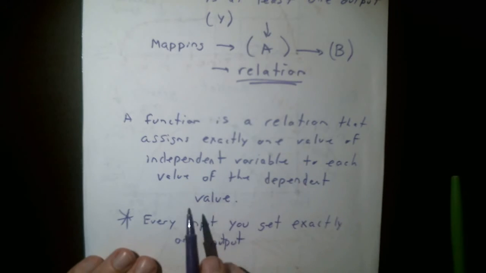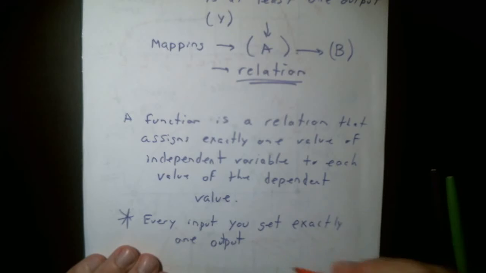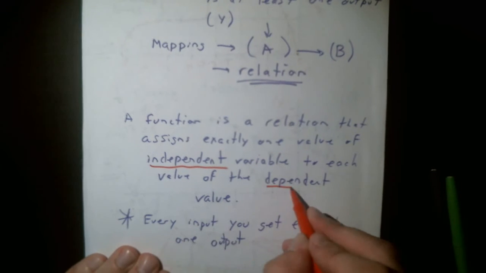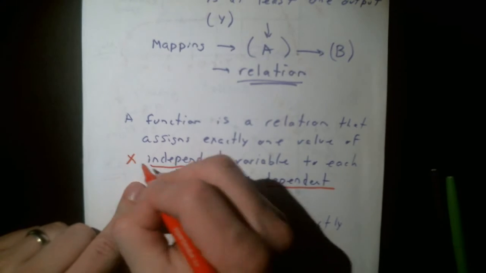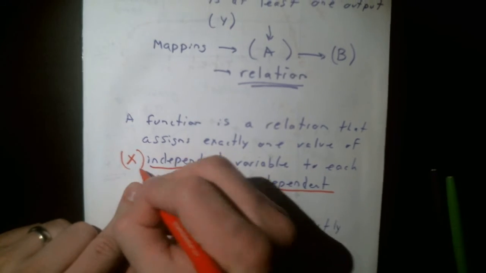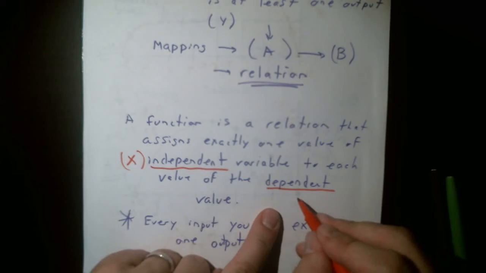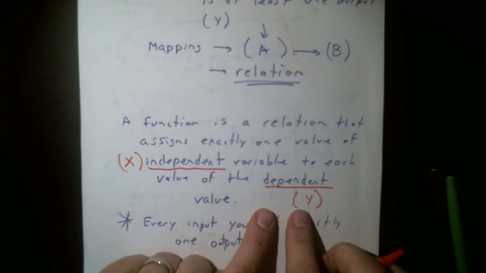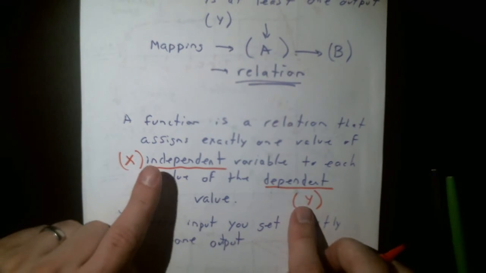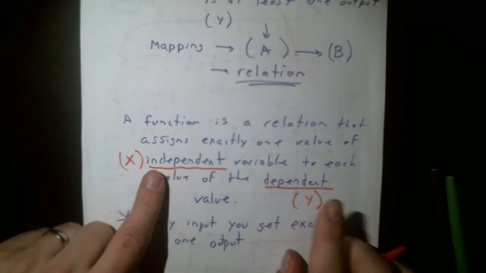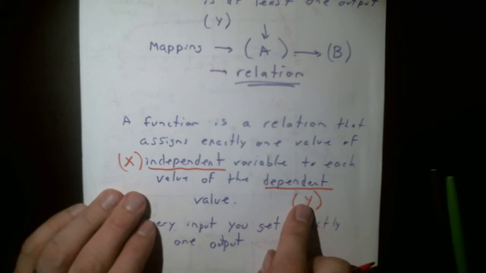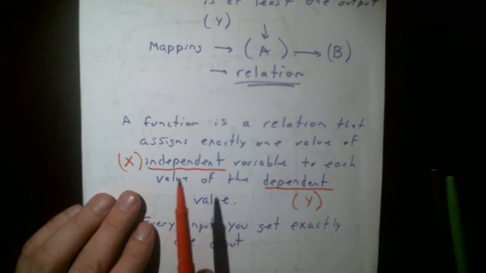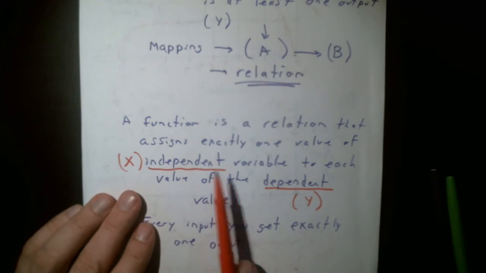So when we go back up here, when we said independent and dependent, independent means your x values. Dependent is your y values. I'm going to come up to these again, but I'm trying to express what these mean, because you're going to get into a math class, or maybe you're in a math class and you're saying, well, what's an independent and a dependent?